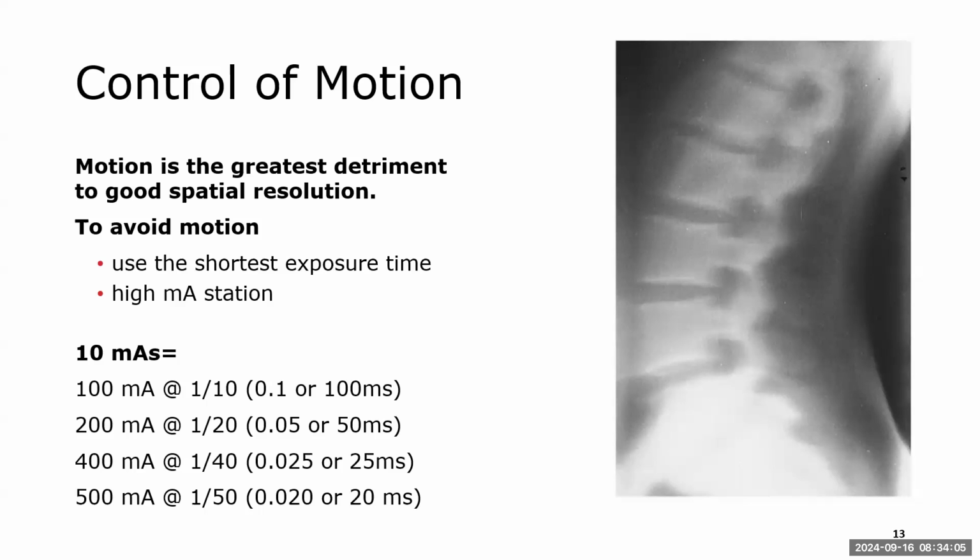It's even really sort of hard to tell alignment with that much motion. So to avoid motion, the best thing that we can do is use the shortest exposure time possible, because that gives the patient what? Less opportunity to move. So if we can use the shortest exposure time possible, that's going to give us the least chance for motion.